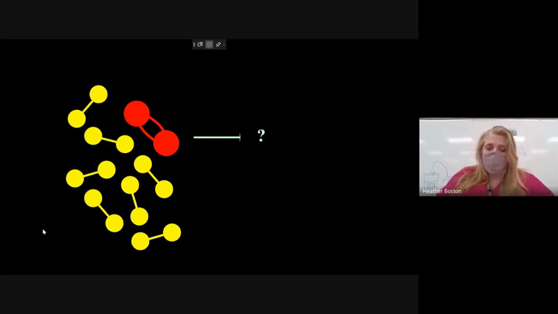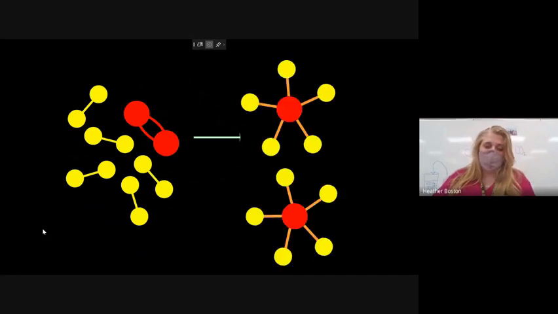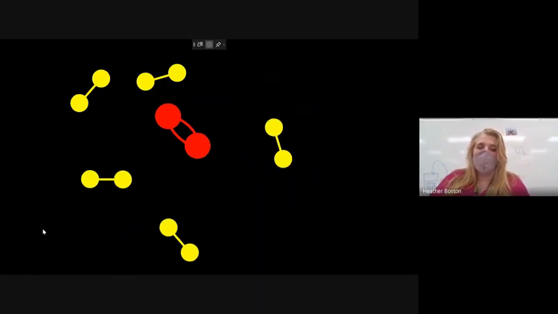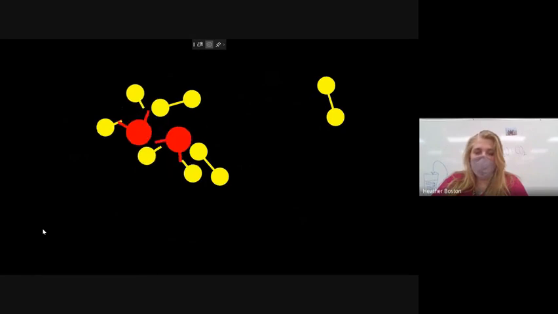So the ratio is always maintained. Let's look at this situation. If I have 7 molecules of hydrogen and 1 molecule of oxygen, what would happen? It does not turn into some crazy substance. The reaction ratio is going to be maintained.